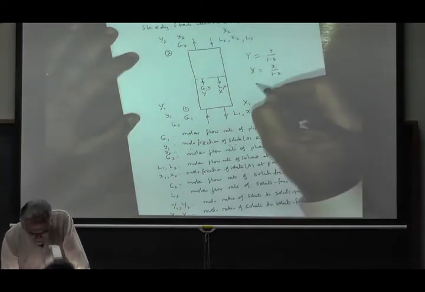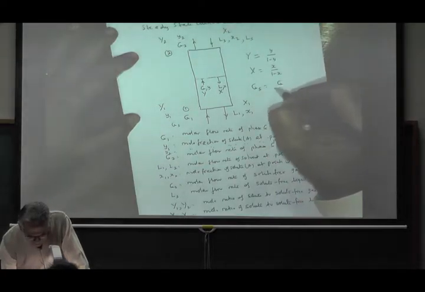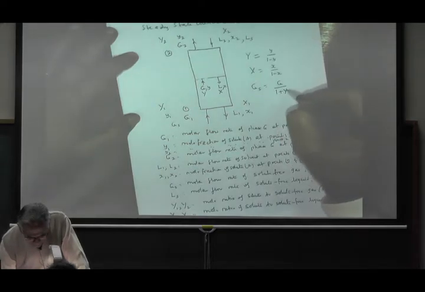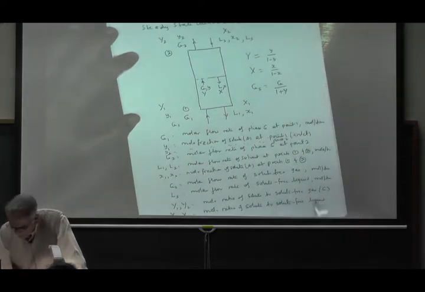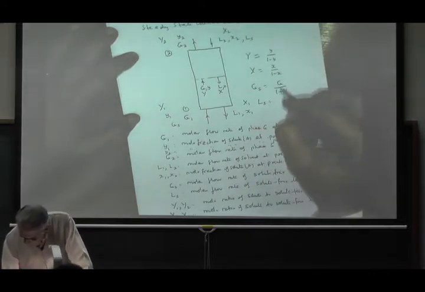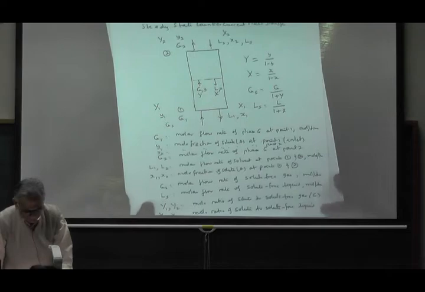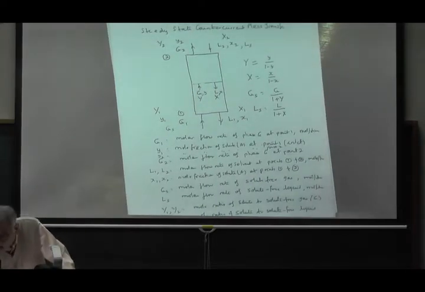And what is GS in terms of G? You can work it out a little bit, but this comes out to be G over 1 plus capital Y. And similarly LS is L over 1 plus capital X. By the way, figure 4.7 on page 139 of your textbook has a mistake.